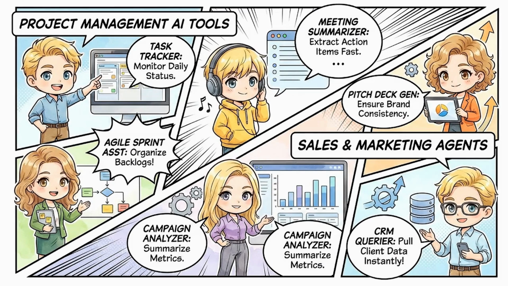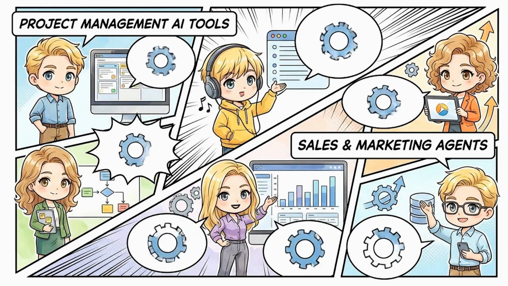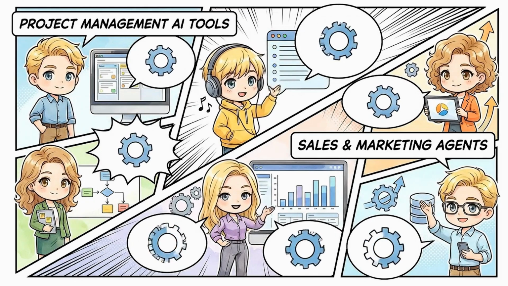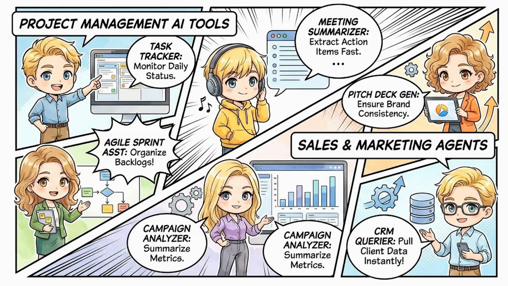In sales and marketing, agents like a campaign analyzer, a pitch deck generator, and a CRM querier are invaluable. They help in quickly summarizing campaign metrics, ensuring brand consistency in proposals, and pulling specific client data without the need to open the CRM platform, thereby boosting efficiency for sales and marketing teams.